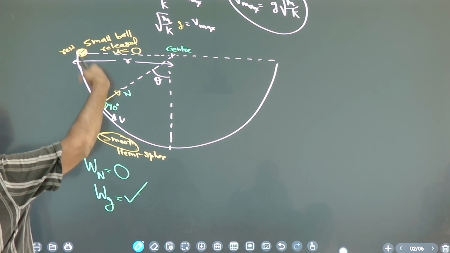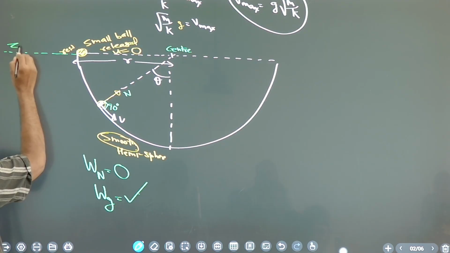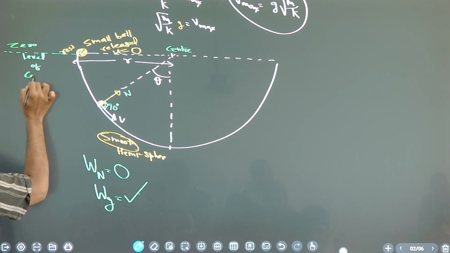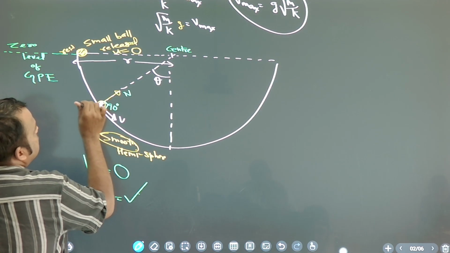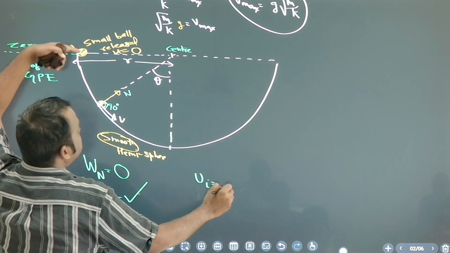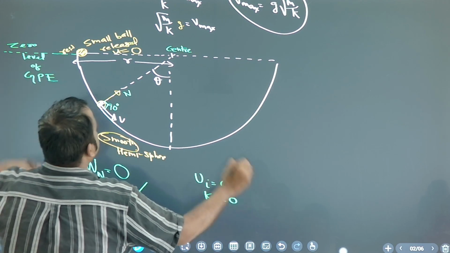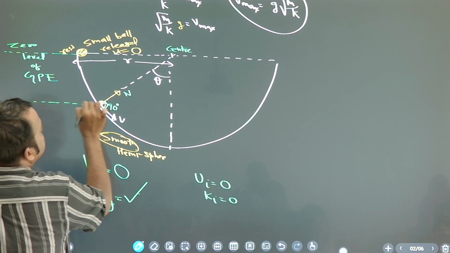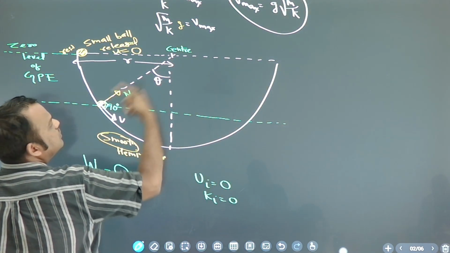So gravity is doing work. So you can take this as 0 level, the 0 level of gravitational potential energy. So what is U initial? Tell me. U initial is 0. K initial is 0. Now you find out this. How much is this, R radius?